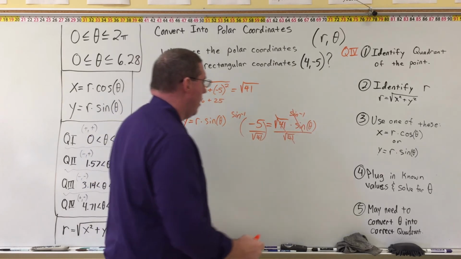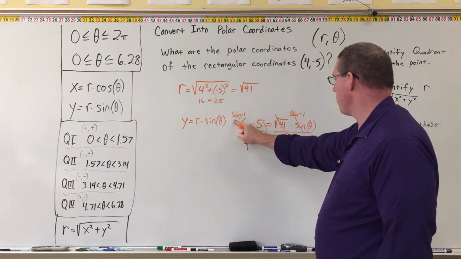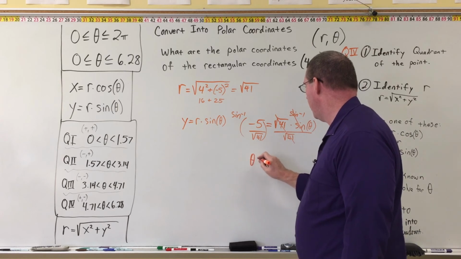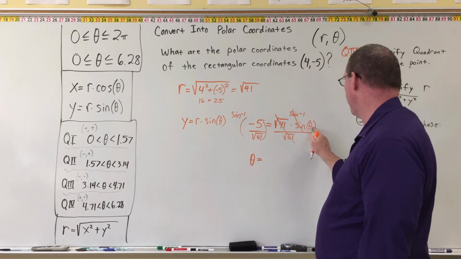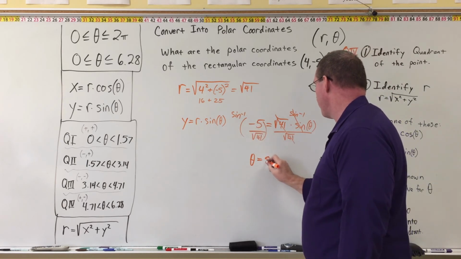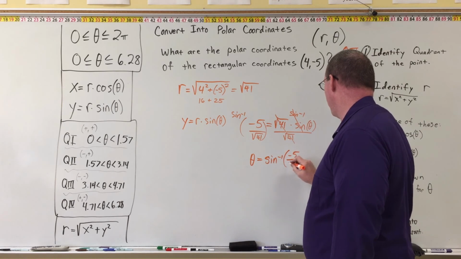That'll cancel. And that'll mean that theta is equal to sine inverse of negative 5 over the square root of 41. So theta is equal to sine inverse of negative 5 over the square root of 41.